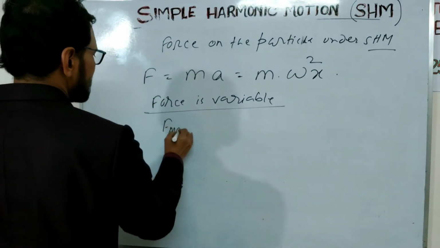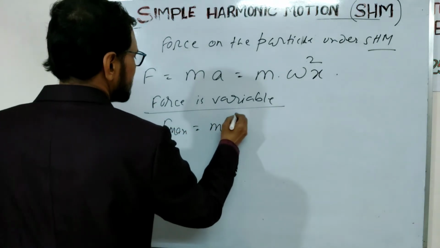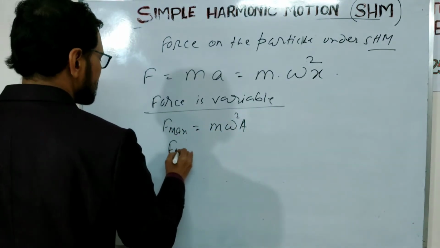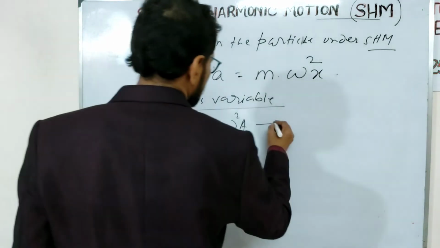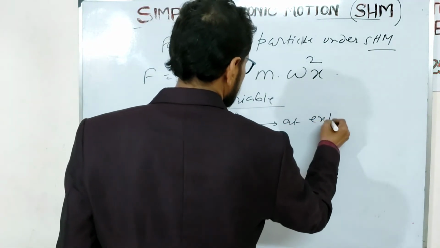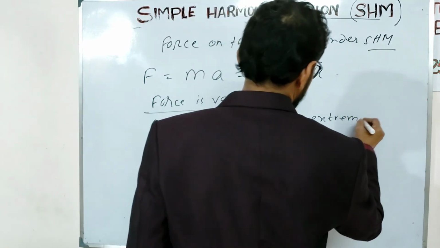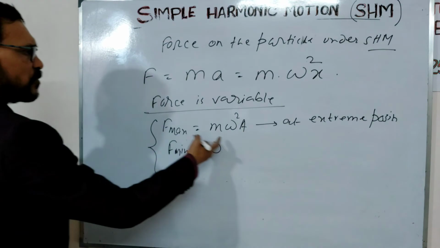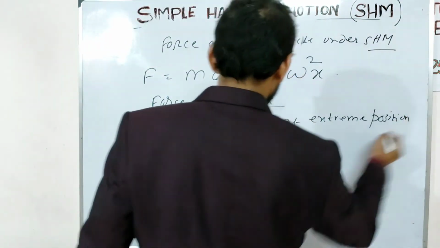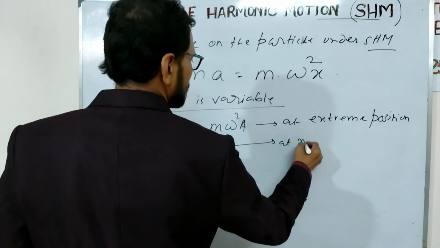Maximum force is m omega square a, and minimum force equals 0. Maximum force acts at the extreme position, and minimum force at the mean position.